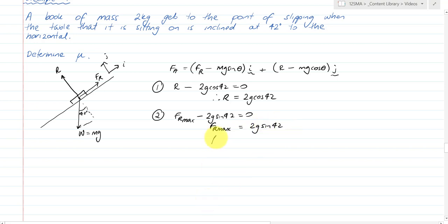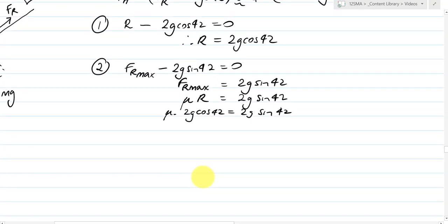But Fr max is equal to mu times R. And that means that mu times 2g cos 42 is equal to 2g sine 42. And now our mu is equal to 2g sine 42 over 2g cos 42.